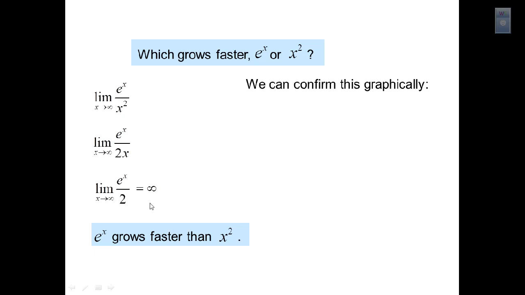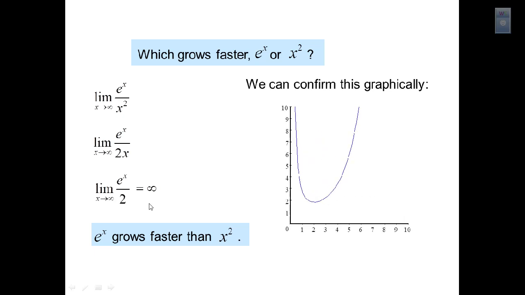Now we can confirm this graphically by graphing e to the x over x squared, and of course that's going to take off to infinity. We literally just graphed exactly what we were taking the limit of, and we're looking for what happens as x gets larger and larger and larger, and then this goes off to infinity.